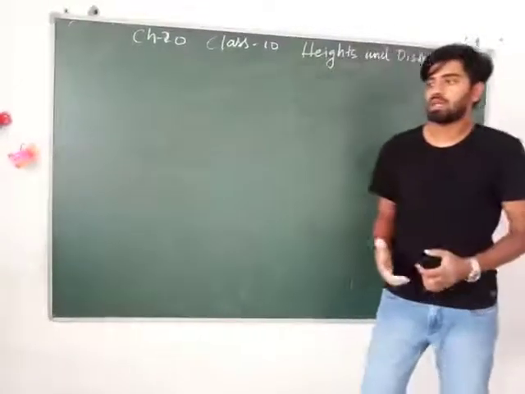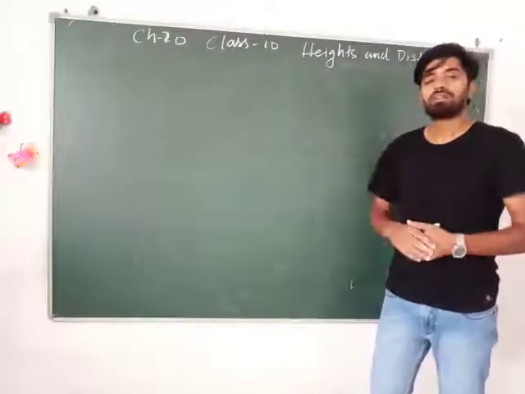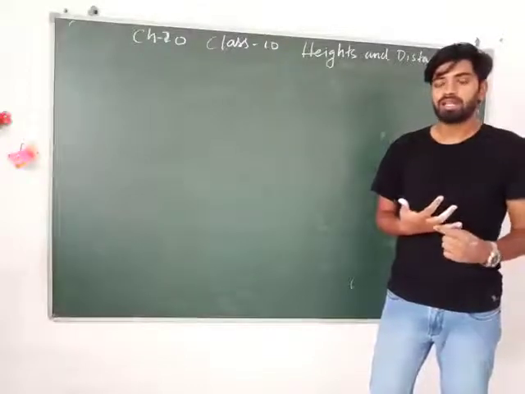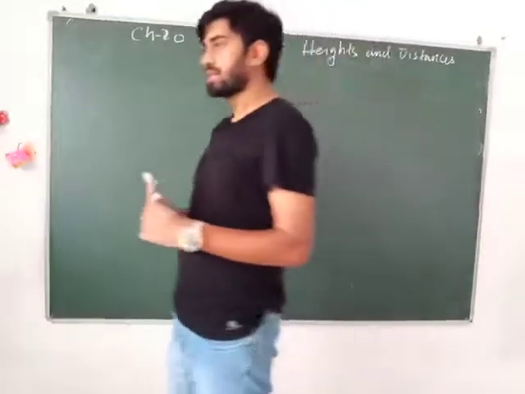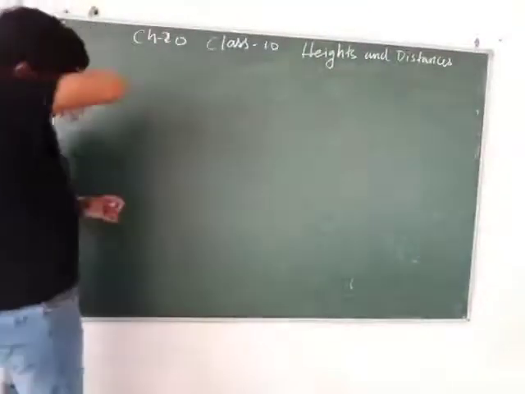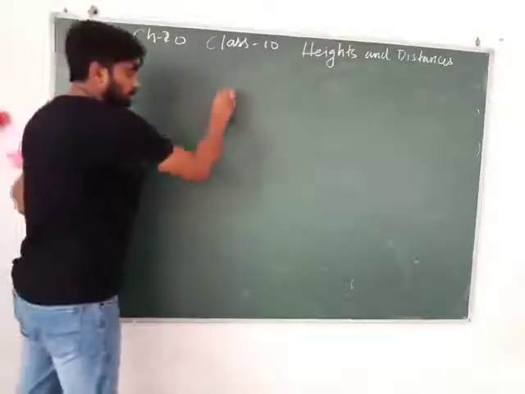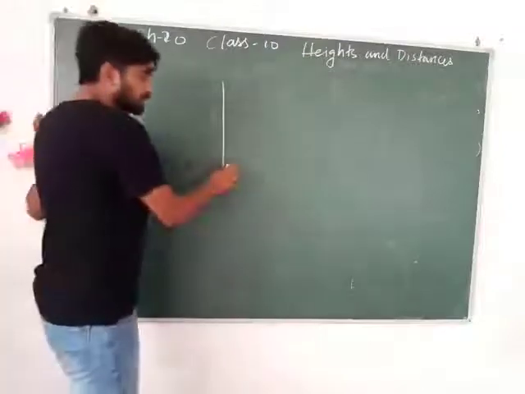You can just look at the stuff and use trigonometric ratios and then find the height and the distance between two things. I'll just give you guys an example. One of the basic examples: let's take an example like there's a big pole, and I know the distance.